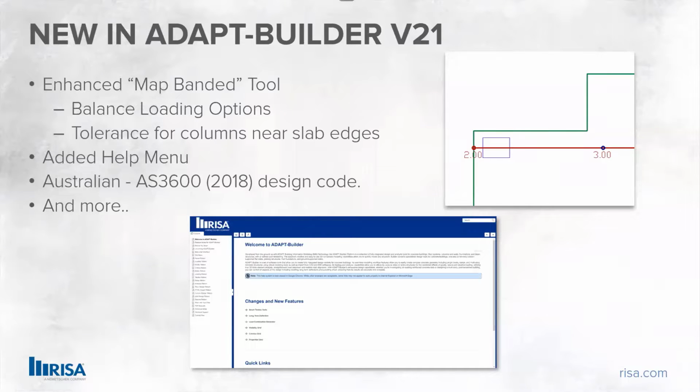We've also added a new help menu, which contains an all new help file. The help file has a ton of program information and references. For those of you that use other RISA programs, this will look very familiar. This help file will be an amazing resource for those that are new to Builder, as well as even users that are experienced.